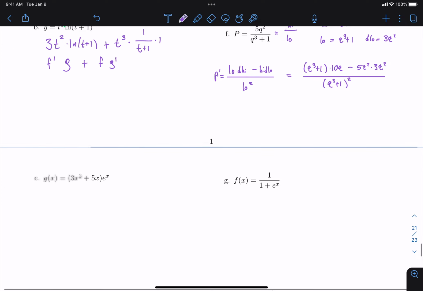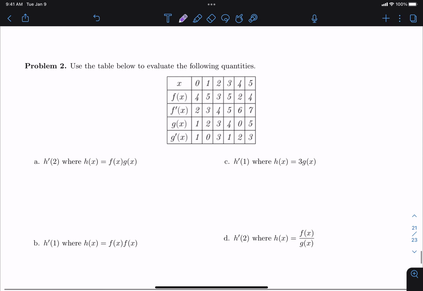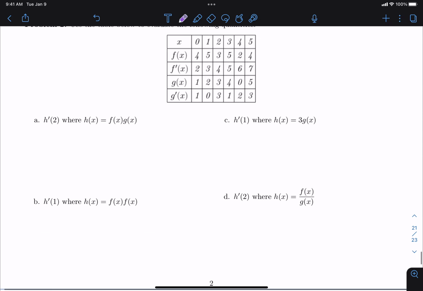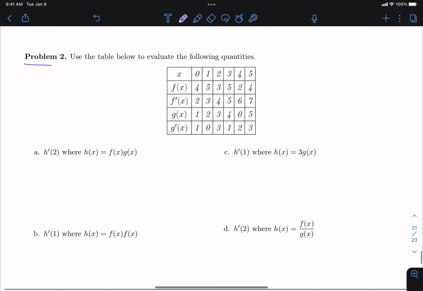So let's have a you doing things part. We already did a graph one, so let's do problem number 2 this time. So we're going to work in groups on problem number 2. And again, they give us a table, but not the actual functions themselves.